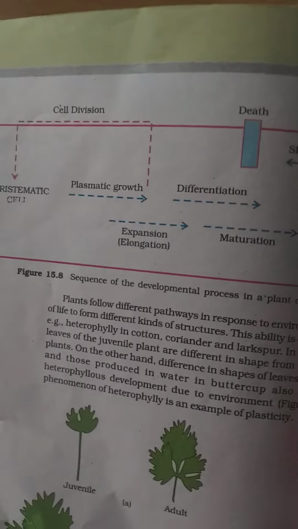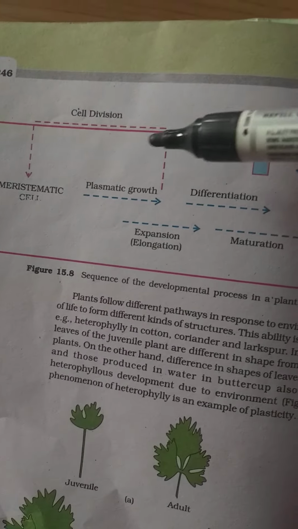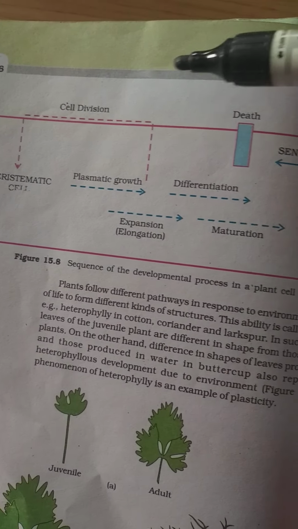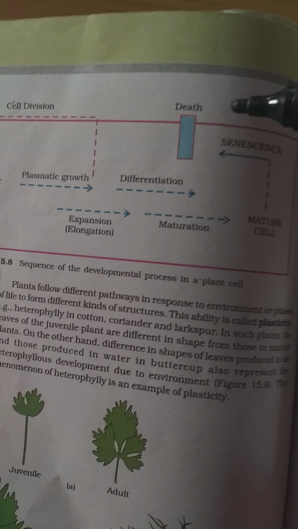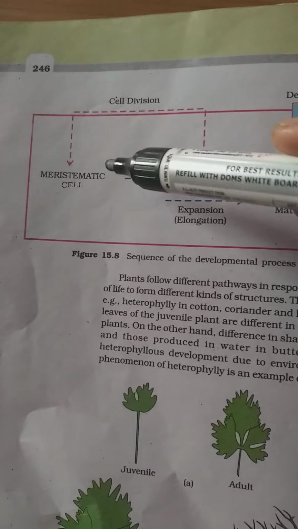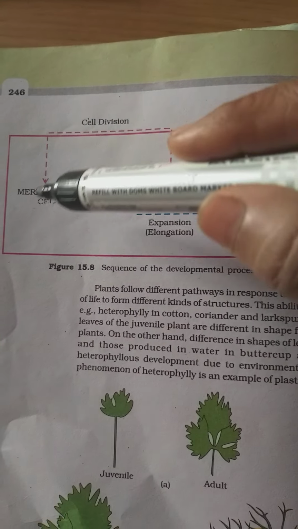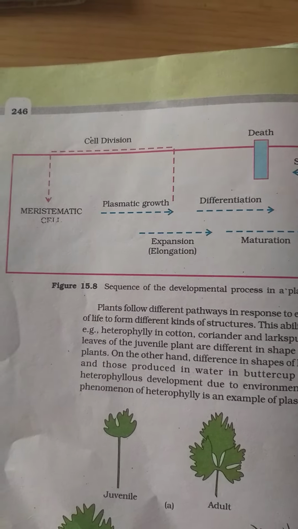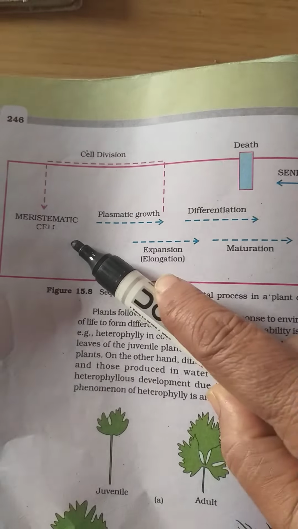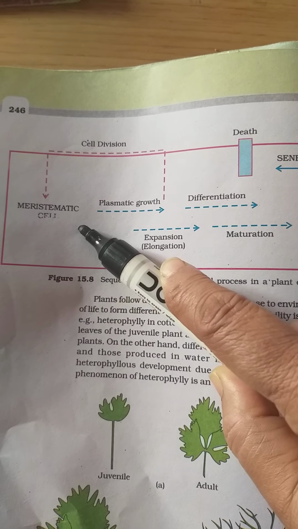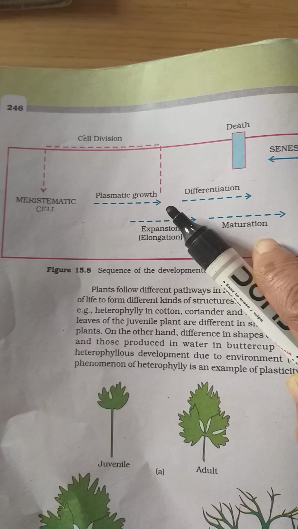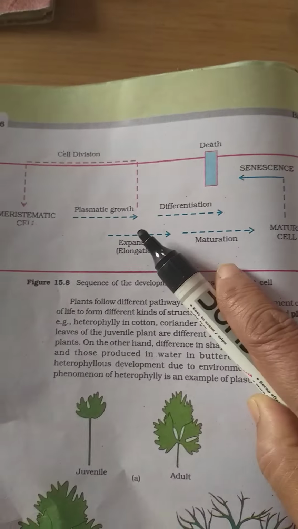You can see here, this is a schematic diagram. From here to here it is written as cell division, then death. Death is senescence. Now you see here, this is the meristematic tissue. I said whatever happens, it happens through the meristematic tissue, and from meristematic tissue comes plasmatic growth. What is plasmatic growth?